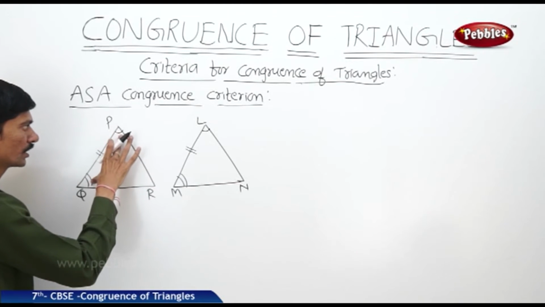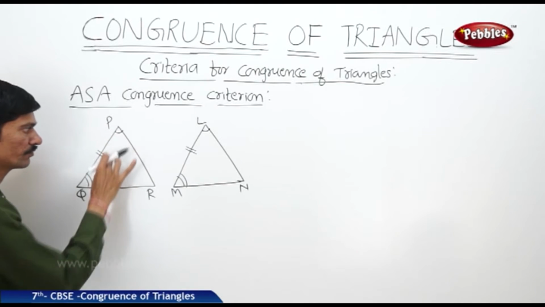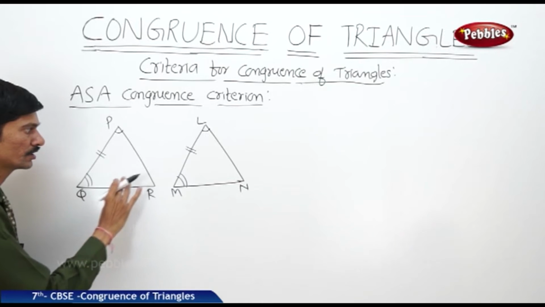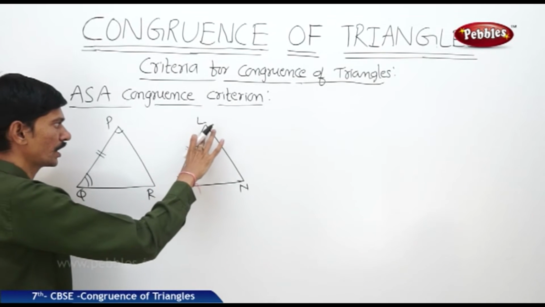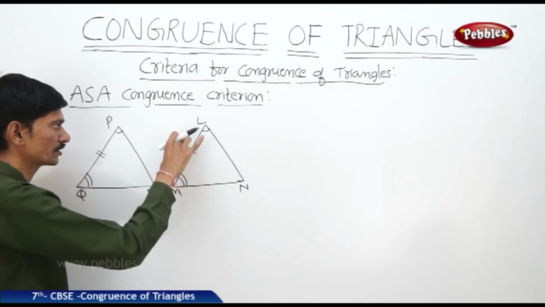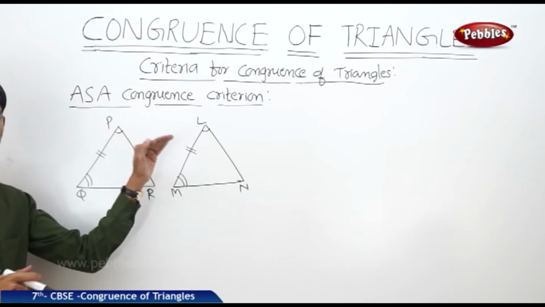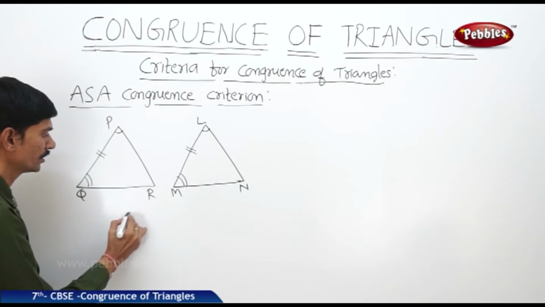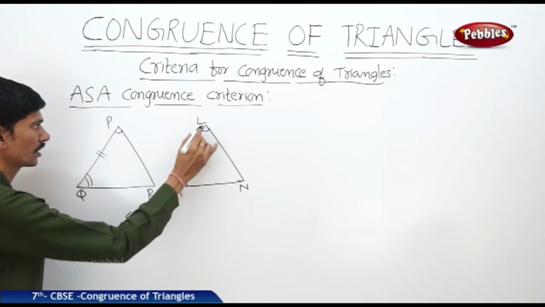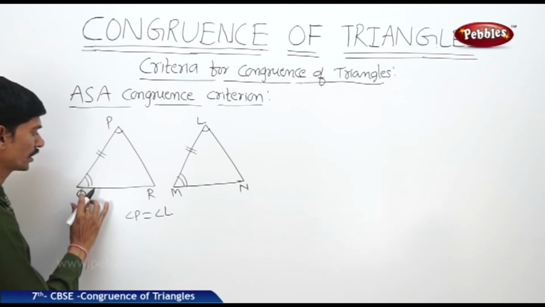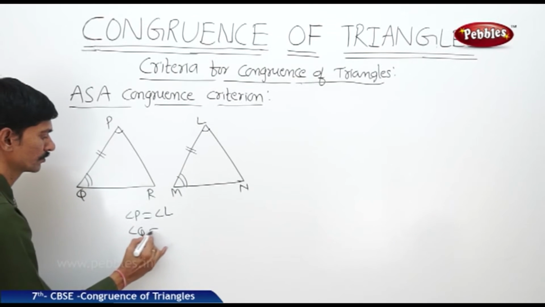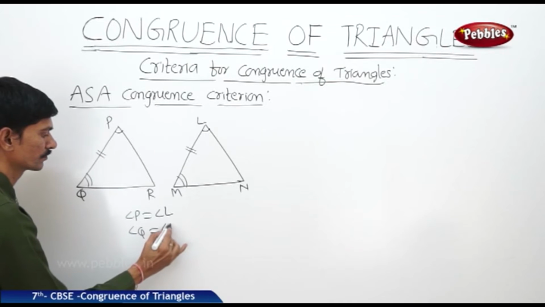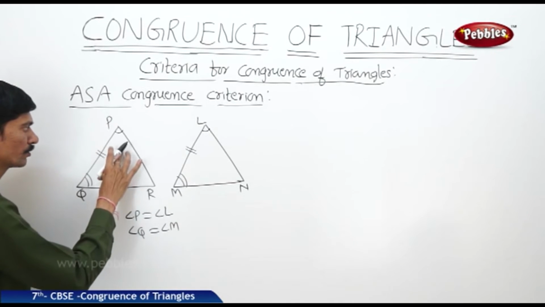So if the two angles and included side of one triangle are equal to the corresponding two angles and included side of another triangle, then the two triangles are said to be congruent. So in these two triangles, angle P equals angle L and angle Q equals angle M. Then what is the included side?